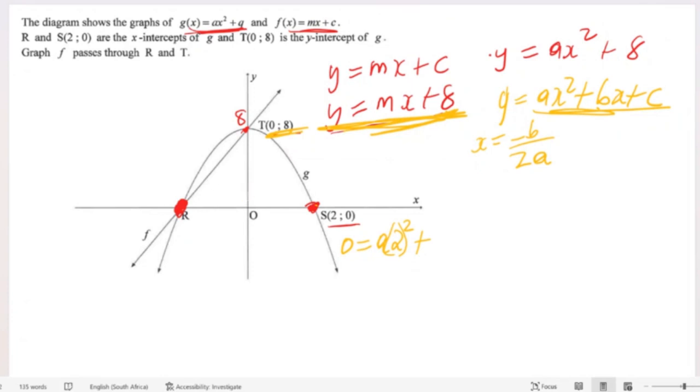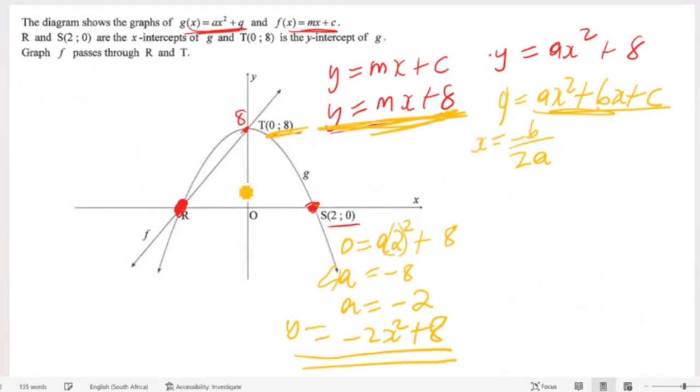First we calculate 2 squared, which gives us 4. So 0 is equal to 4a plus 8. Then we divide both sides by 4, so a is equal to negative 2. So now we have our quadratic.